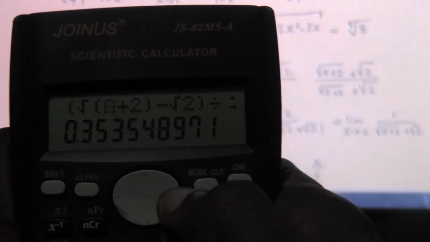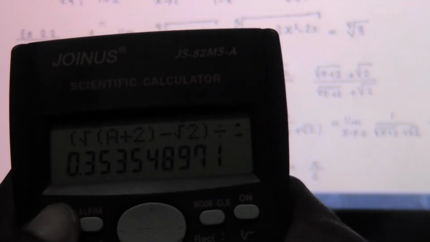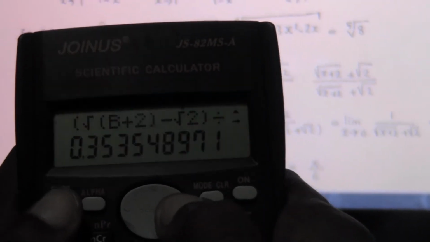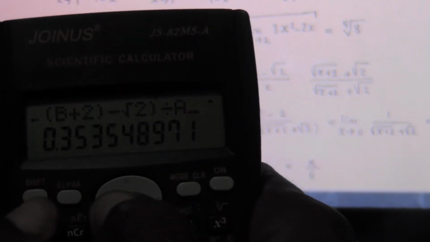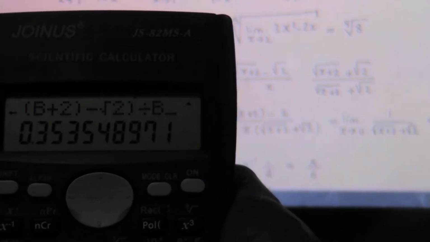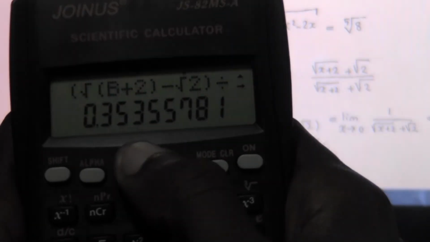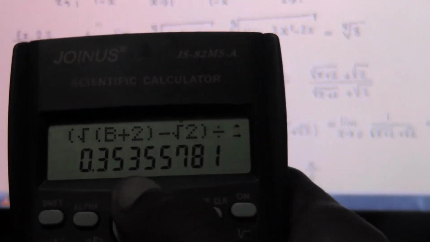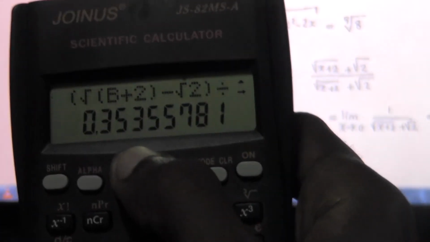When I put B in place, boom, I see I get just about the same thing.